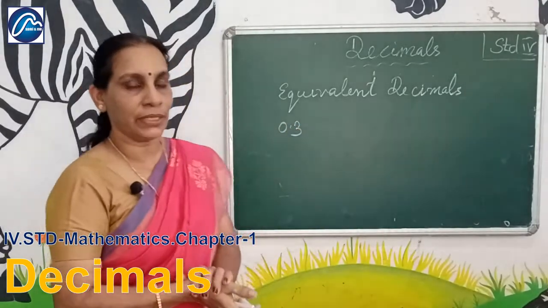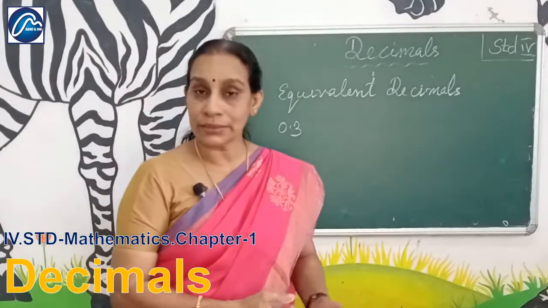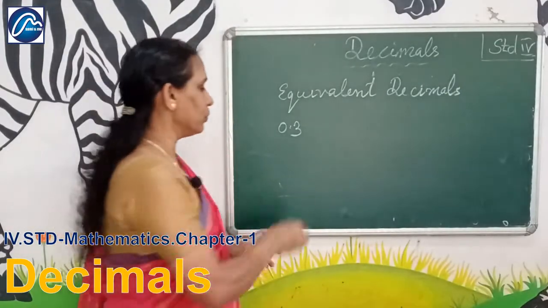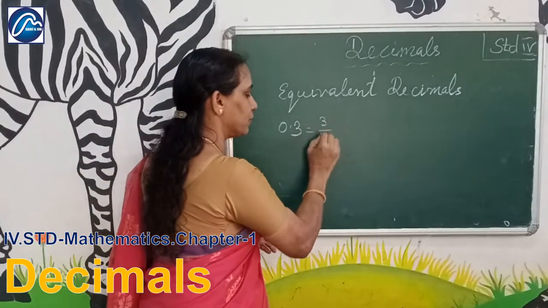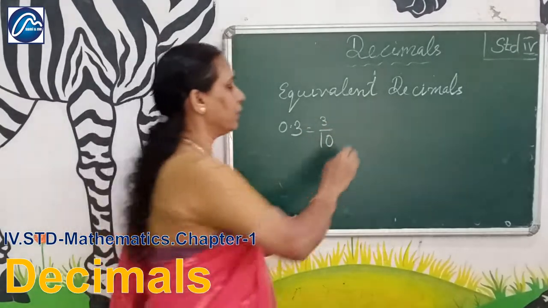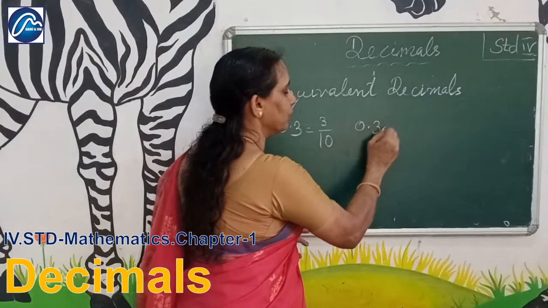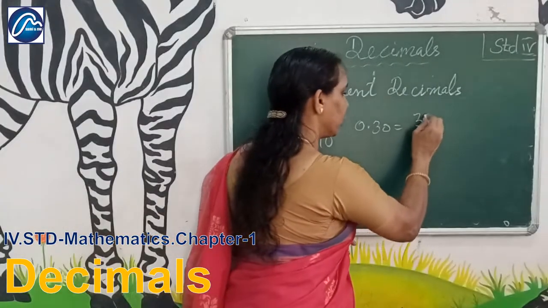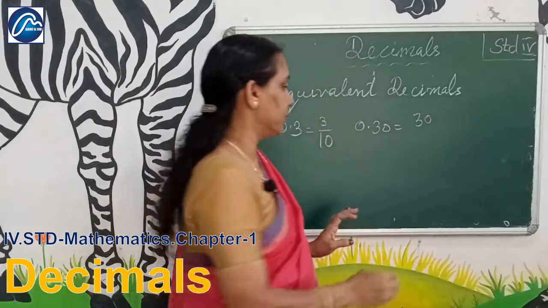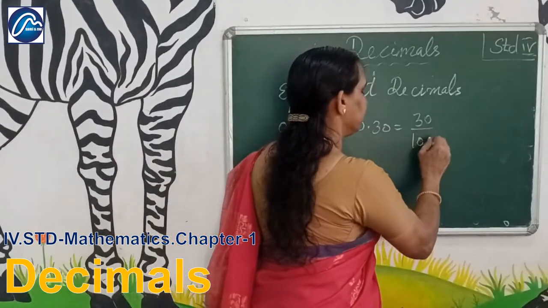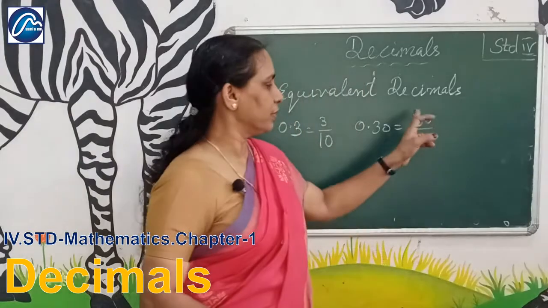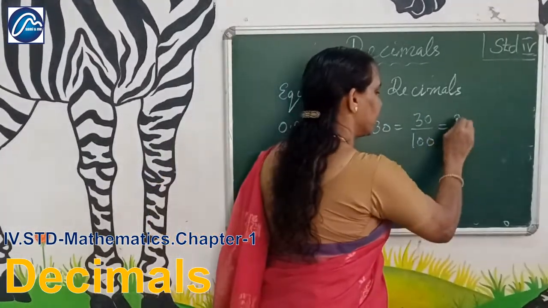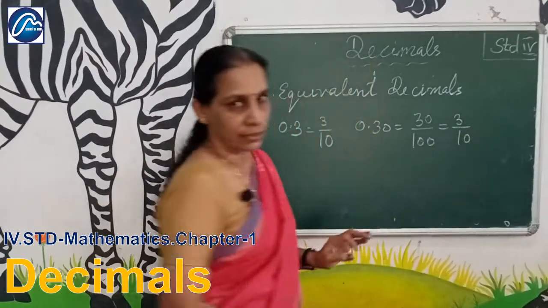By showing some examples, I will explain what an equivalent decimal is. 0.3 is equal to 3 by 10. Okay? And 0.30 is equal to 30 by 100. We have said that this will be cancelled, so it will be equal to 3 by 10.